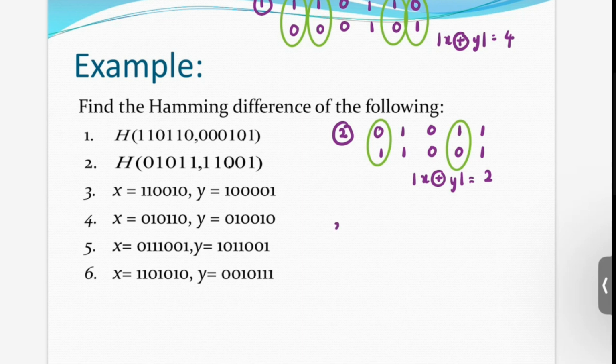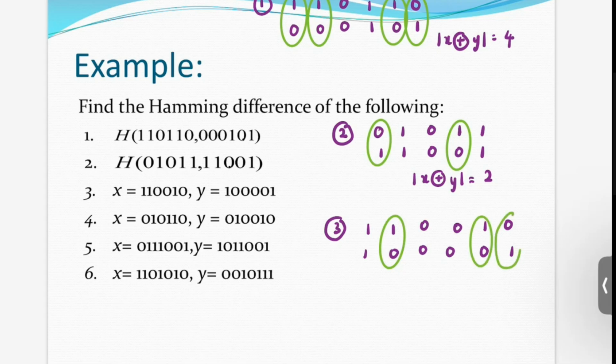Number 3, x is 110010 and y is 100001. Look at the differences: 1, 2, 3.